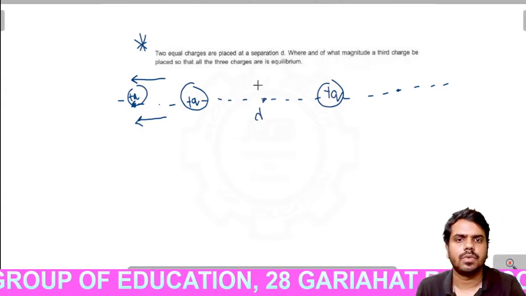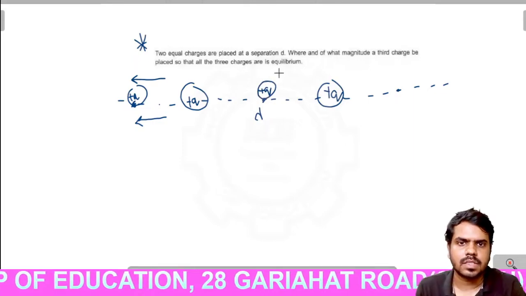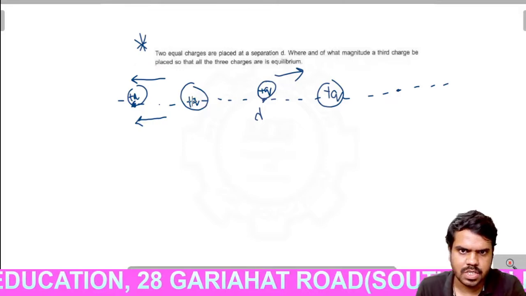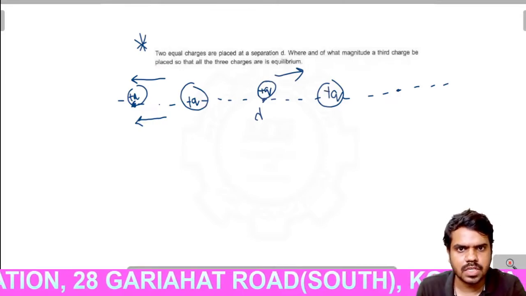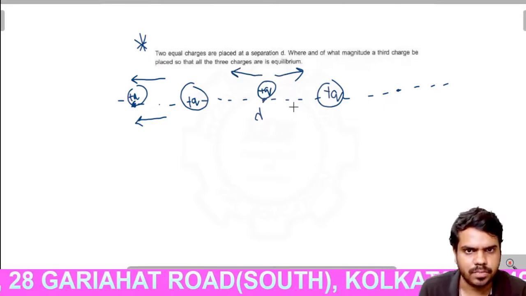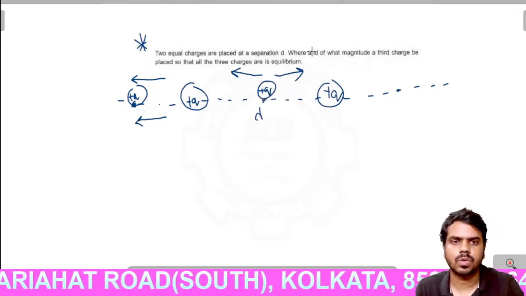Now here, this plus q charge repels this charge towards this, and this plus q charge repels this charge towards this. So here there is some possibility of equilibrium, because these forces can cancel out.